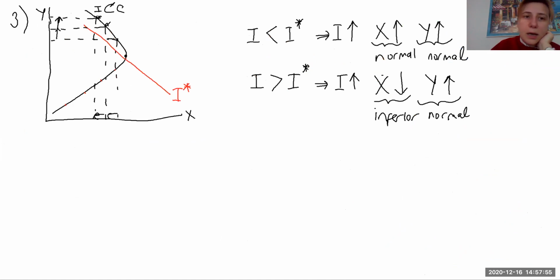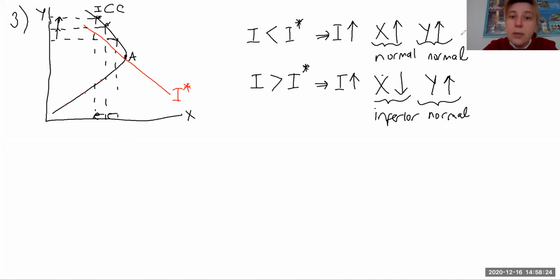Here, the income consumption curve is backward bending. So in that case, again, until this critical income level, let's say this point is A, until point A, with increasing income, the shifting budget lines will lead the consumer to demand more X and more Y. So until this level, the consumer thinks that both goods are normal.